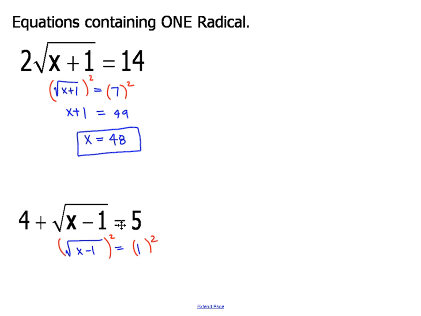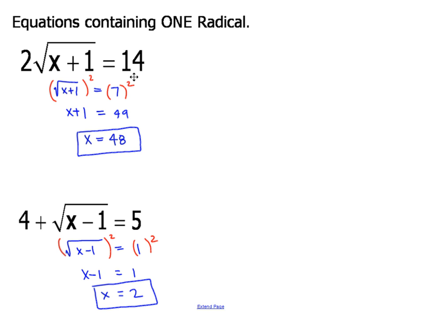The square root and the square cancel out, so I have x minus 1 equals 1 squared is 1. Add 1 to both sides, I have that x equals 2, and now I need to check my answer. 2 minus 1 is 1, the square root of 1 is 1, 1 plus 4 is 5, that is true, so this is my answer.